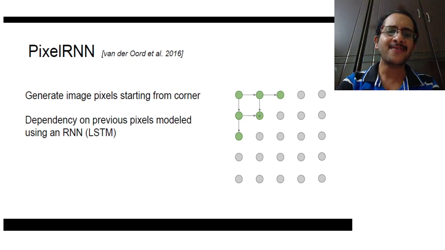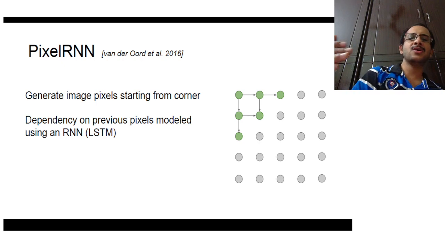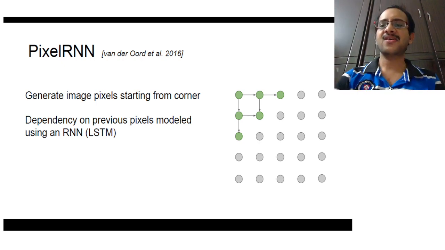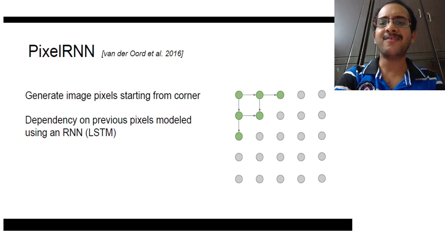For example, for any pixel I of m comma n, I of m minus 1 comma n and I of m comma n minus 1 will be its previous pixels. In fact, I of m minus 1 comma n minus 1, or any pixels with smaller m and n, are previous pixels.